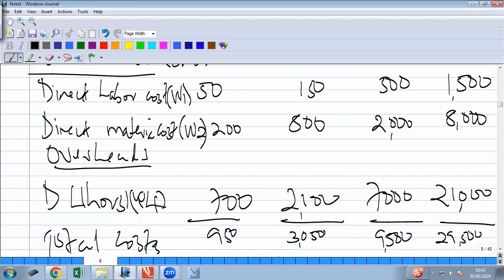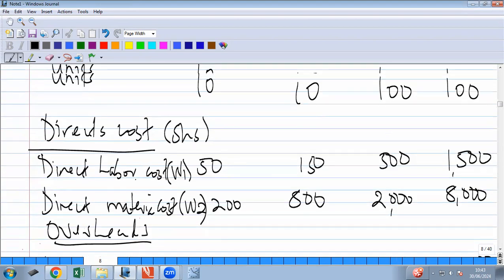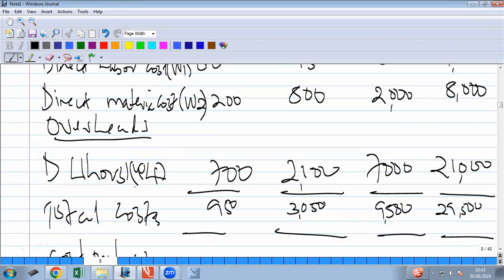9,500, right? For us to get the cost per unit, you are only interested in the cost. The other line for cost is going to help us get this total cost divided by the units to get the cost per unit.